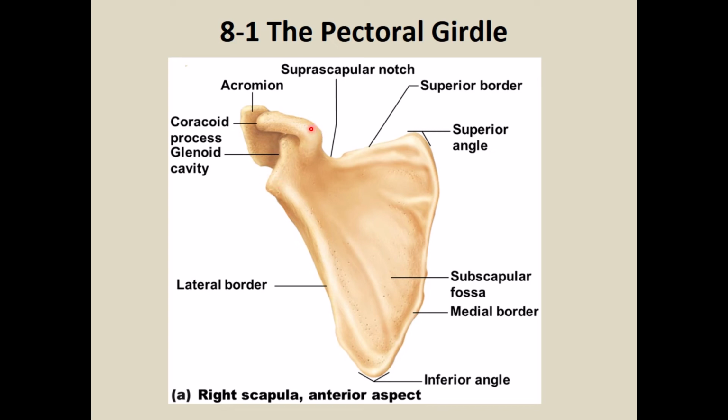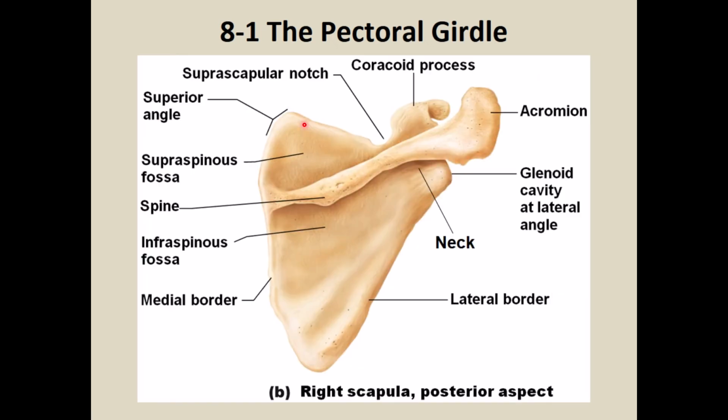Also, there are two other processes. One is called coracoid process, that is located anteriorly, and acromion, that is located posteriorly. But acromion is higher than the coracoid. So this is the posterior view, and it has two fossae. One is called the supraspinous fossa, and this is where supraspinatus muscle attaches.